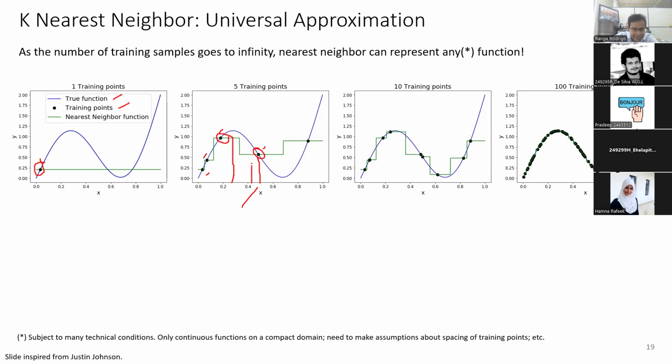If you take this point, this is the nearest neighbor. Like that, you can select a value. When you increase the number of training points, the function becomes a little bit closer. The blue one and the green one become closer. But if you have hundreds of training points, the blue one and green one are almost on top of each other. This is the universal approximation.